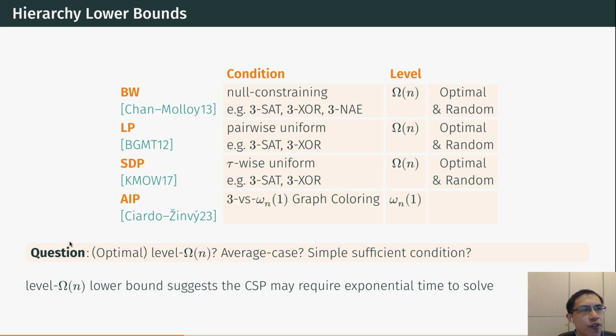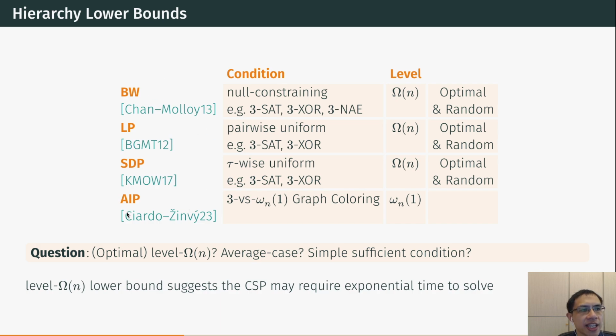Previous works identified many CSPs that can fool these hierarchies. For bounded width, if your CSP is so-called null-constraining, then it fools the hierarchy. For LP and SDP, the condition is pairwise uniform or tilewise uniform. For AIP, a lower bound is known for approximate graph coloring.